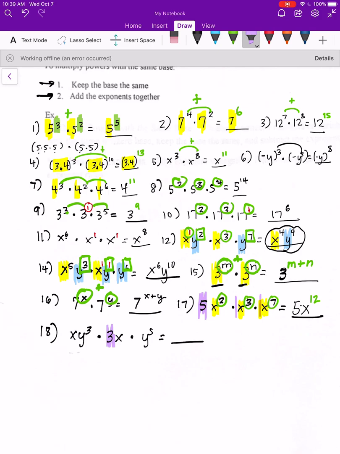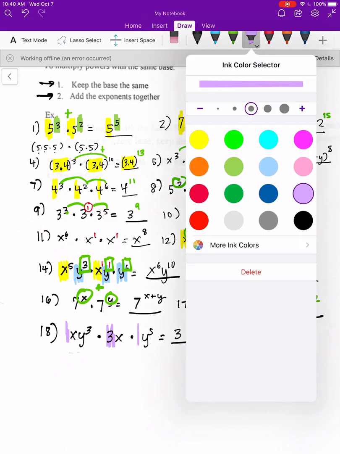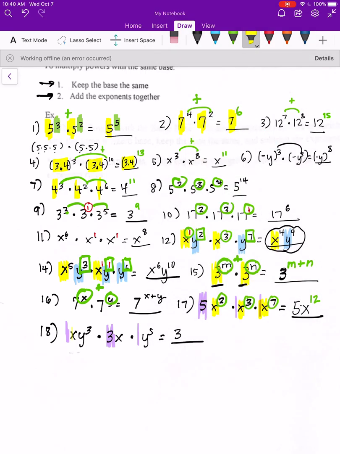It's a 3. In front of here's a 1 and a 1, so it's like 3 times 1 times 1, which is 3. Then pick up your x's, x and x, so that leaves you with x. And then your exponents: if there's nothing here, it's a 1. If there's nothing here, it's a 1. So 1 plus 1 is 2.